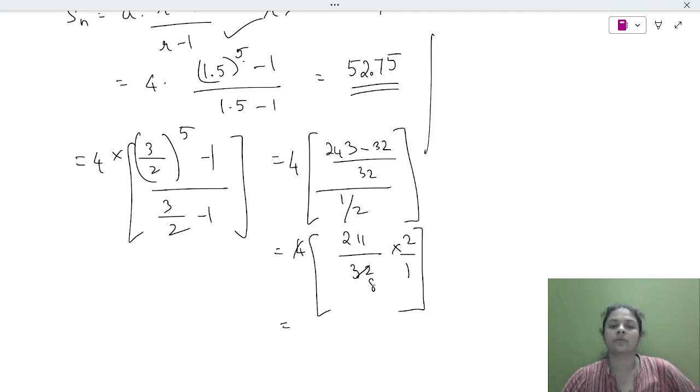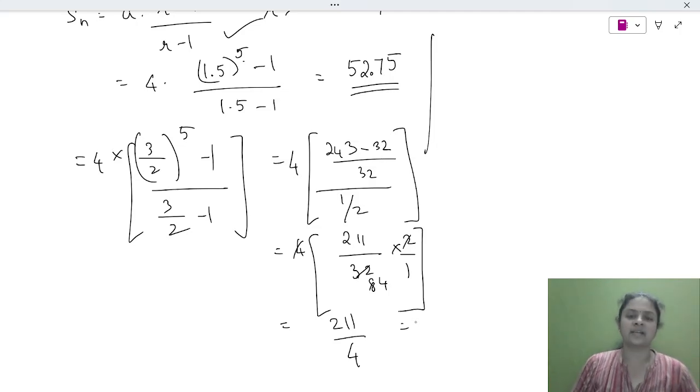You will get 4 8s are 32. So answer will be 211 by 4. This will be the final fraction, or it will simplify to the same value, which is 52.75.